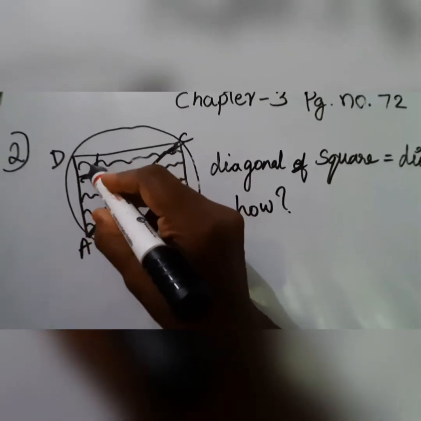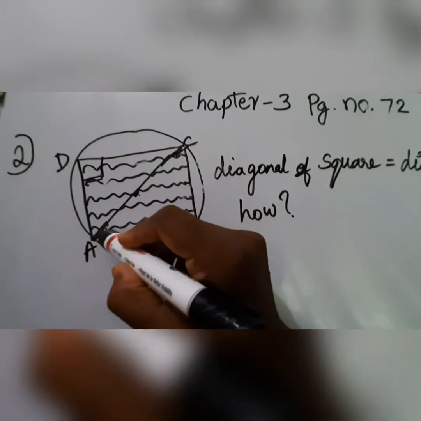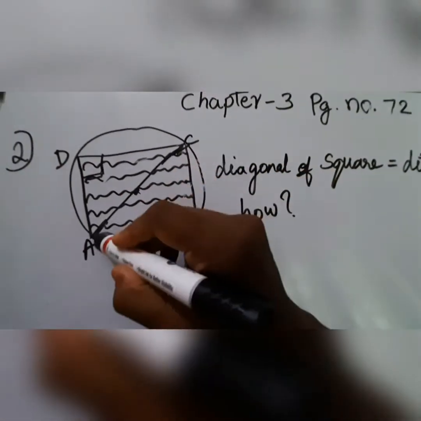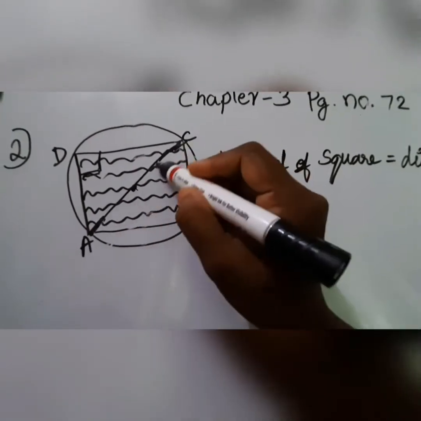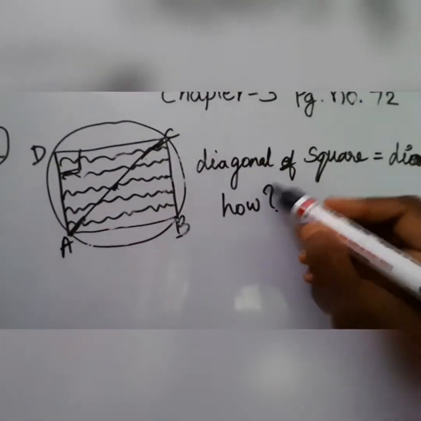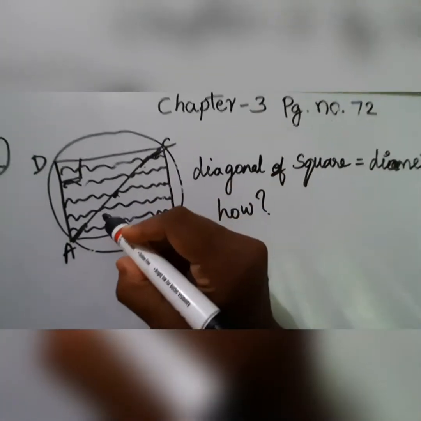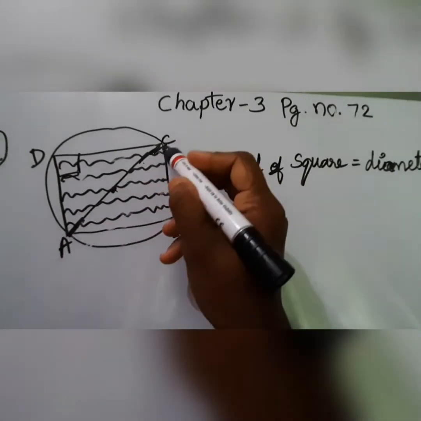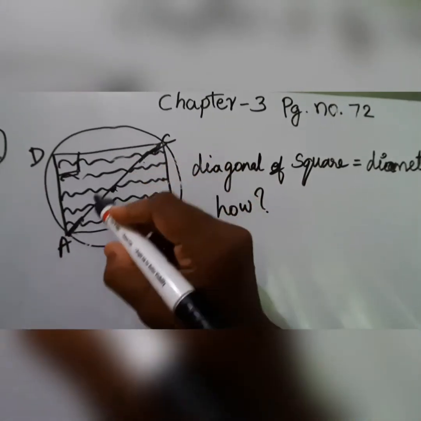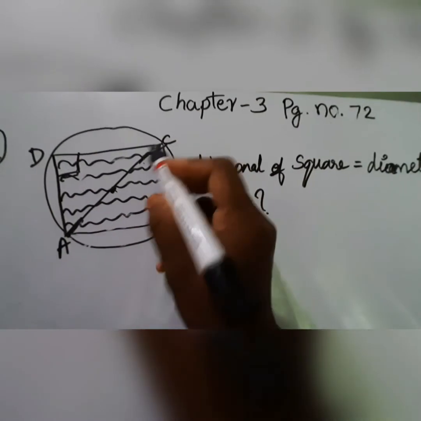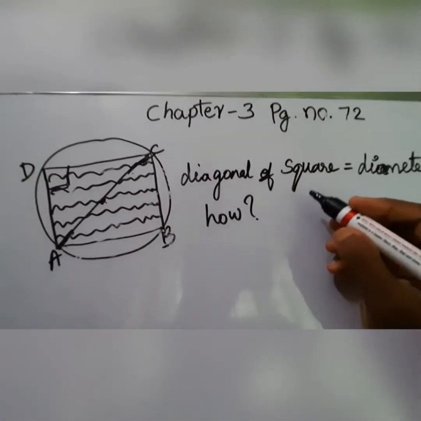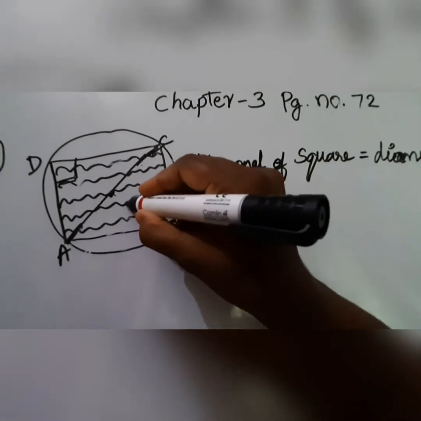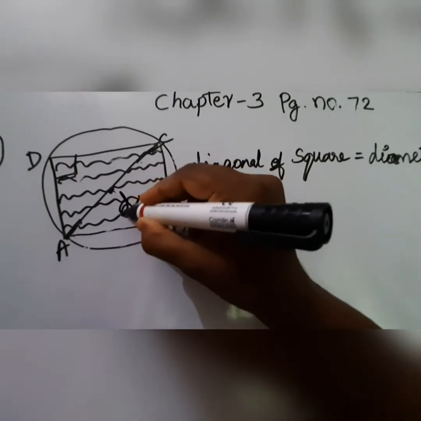If it is 90 degrees, that means this line AC is a diameter, since it lies in a semicircle. That means the diameter of this circle is same as this diagonal of the square. We can write this as diameter or diagonal, both are same.